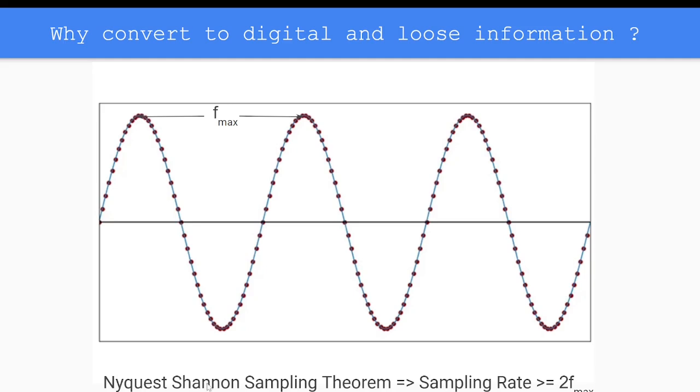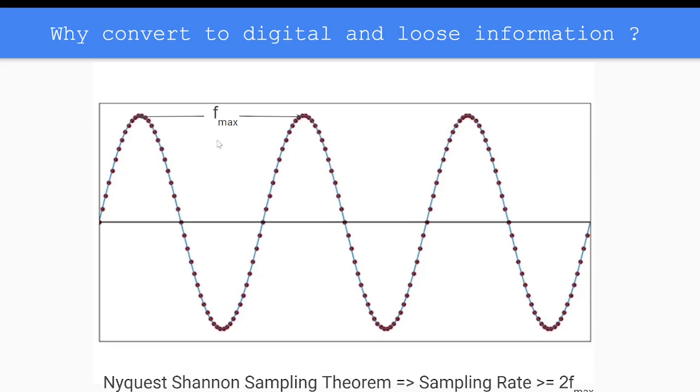is the Nyquist-Shannon sampling theorem. And I did mention right in the beginning lectures that this signal, since it's periodic, as you can see here, has a frequency, let's say f max, because of the Nyquist-Shannon sampling theorem.